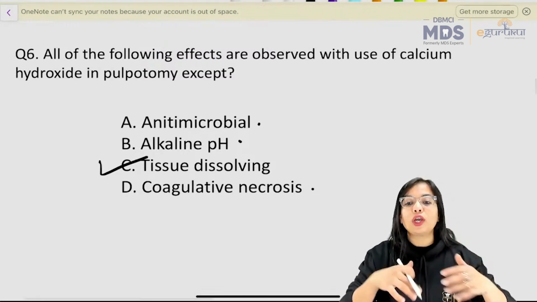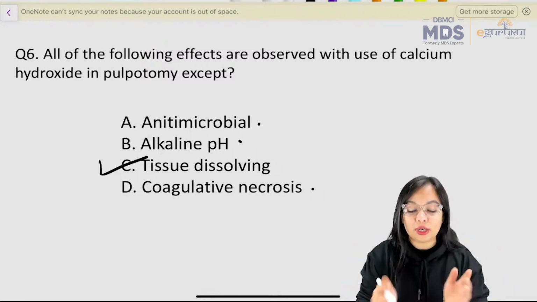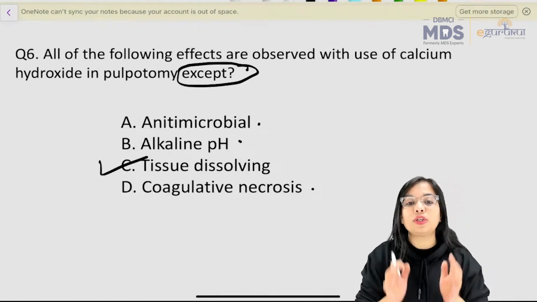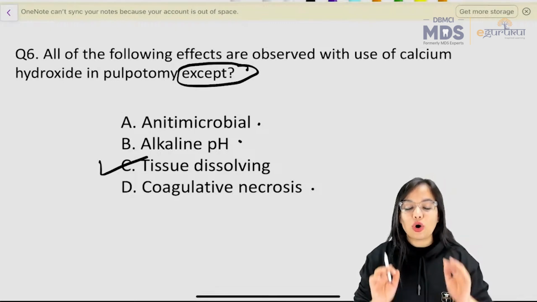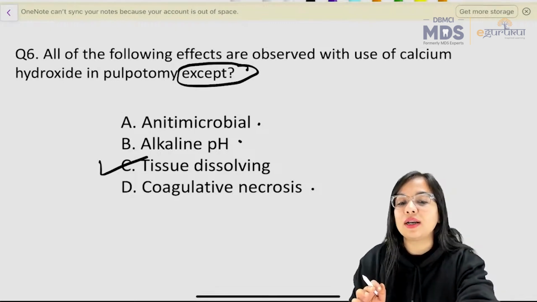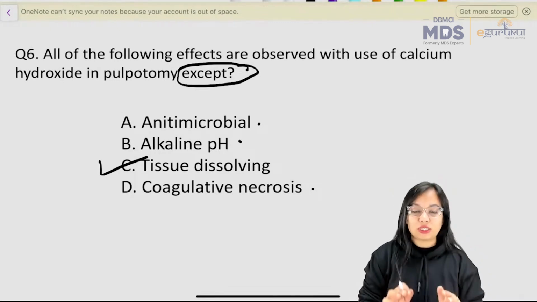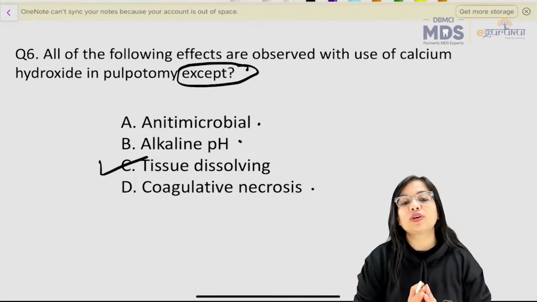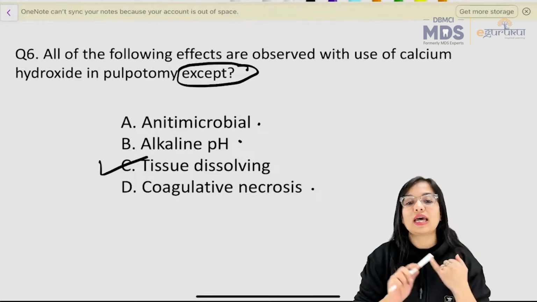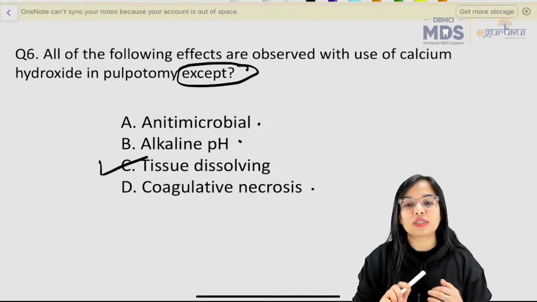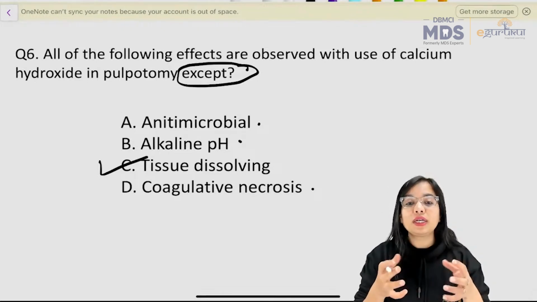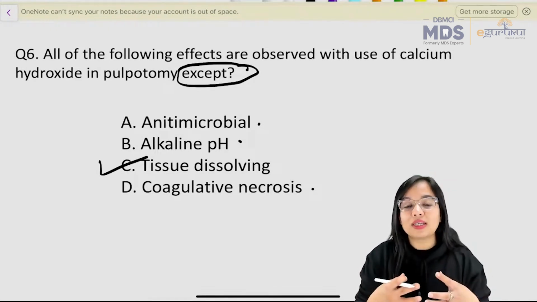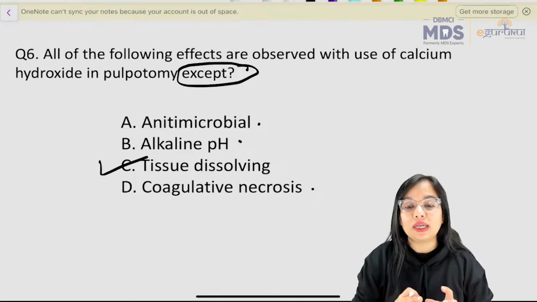So, all of the following are observed with the use of calcium hydroxide except means which of these is not a property of calcium hydroxide. So, option C, that is tissue dissolving, is 100% not a property of calcium hydroxide. Hopefully it is clear. So basically the properties of calcium hydroxide for pulpotomy, the first is antimicrobial activity, which is attributed to the ionic dissociation of calcium and hydroxyl ions, the hydroxyl ions being lethal to the bacteria.